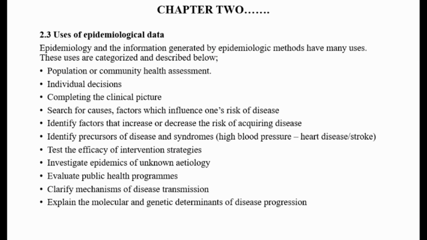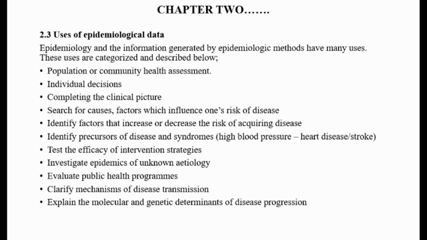Identify precursors of disease and syndromes, such as high blood pressure with heart attack, or obesity with high blood pressure. So you identify other factors that can facilitate a certain disease to progress. Test the efficacy of intervention strategy. Sometimes you can analyze the epidemiological data and determine whether the intervention which was carried out was effective or not.